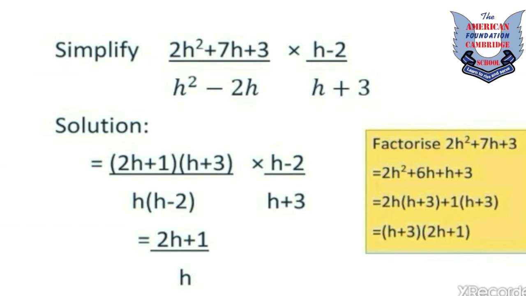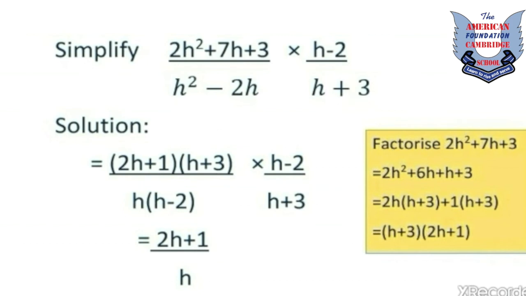You can factorize it separately as I have done and write the result directly. In the previous examples, I have shown the whole method of factorization step by step in the solution. You can do it both ways. You don't have to factorize the numerator and the denominator of the second fraction because they are already in simplified form.